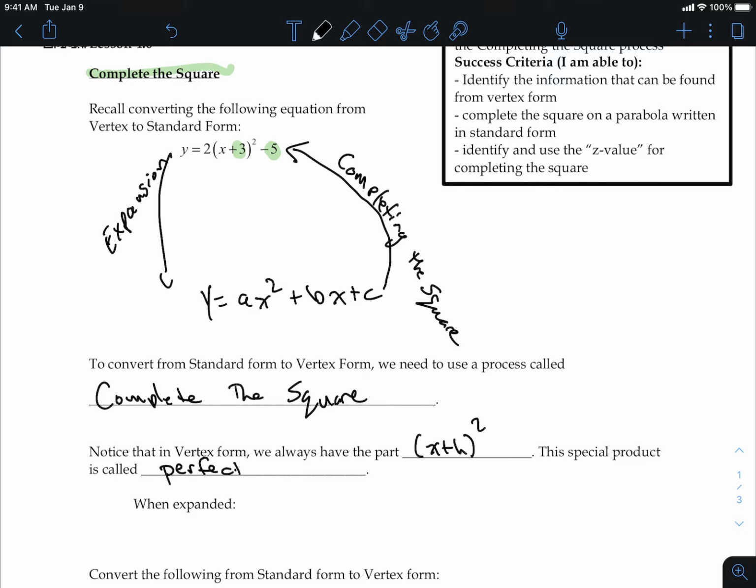We are using words that you have seen before. And I'm not referring to the word the or words like it. Perfect square. We've seen the word perfect square before, right? When we did factoring.